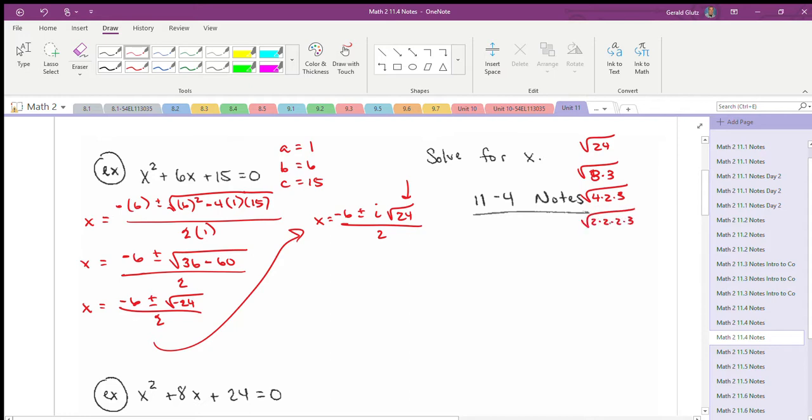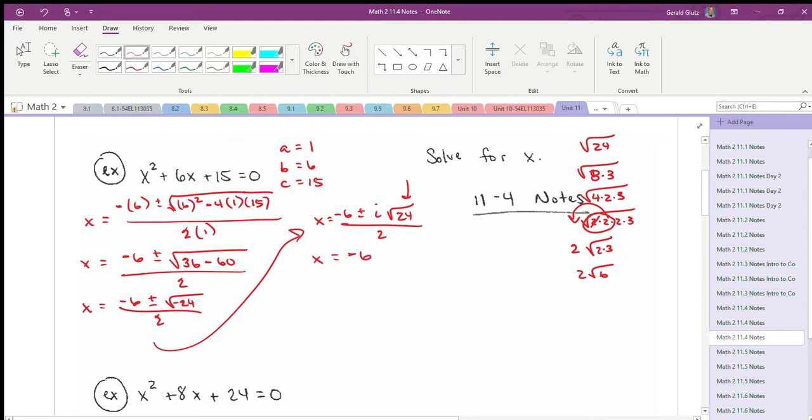So I got a pair of 2's. One goes away, the other one comes out. And then neither of the other two numbers have a partner. So it would be 2 times the square root of 2 times 3. But 2 times 3 is 6, so 2 root 6. So instead of writing the square root of 24, that's simplified to 2 root 6.